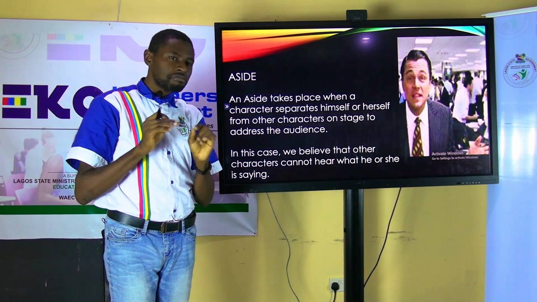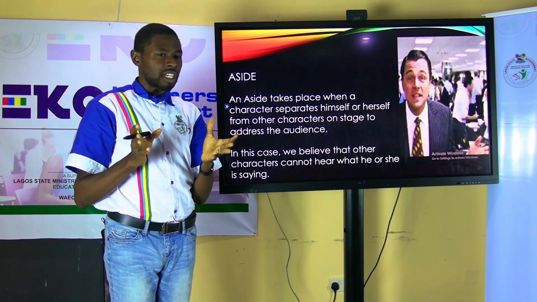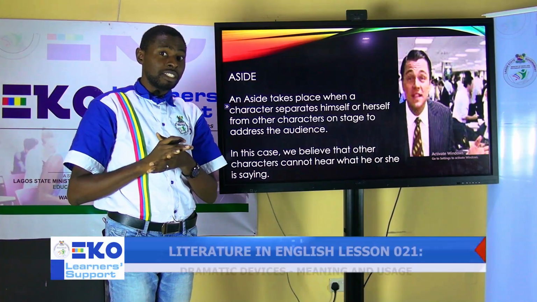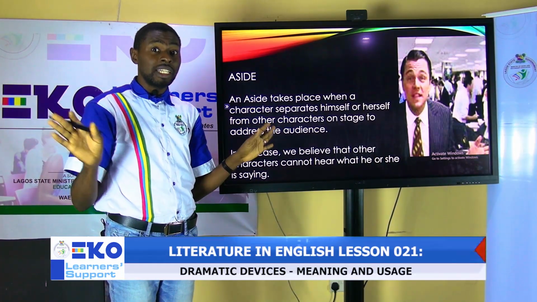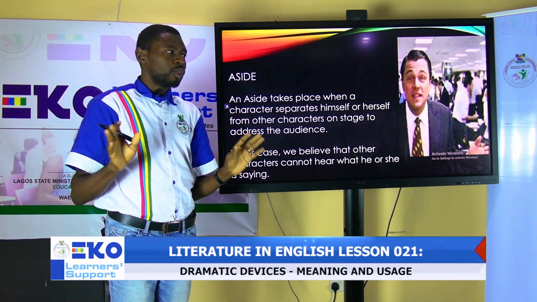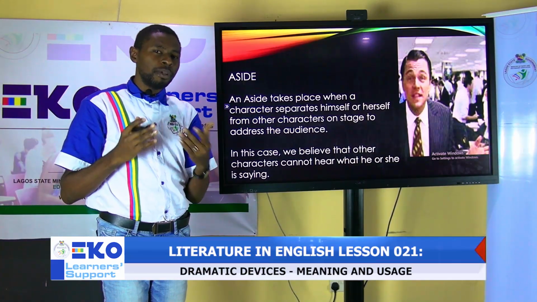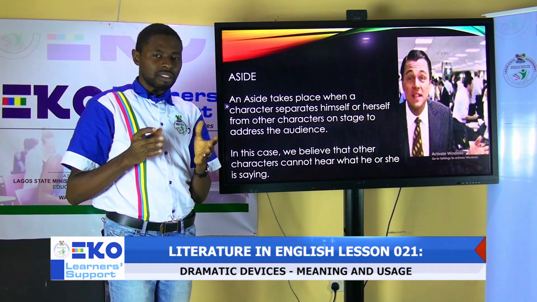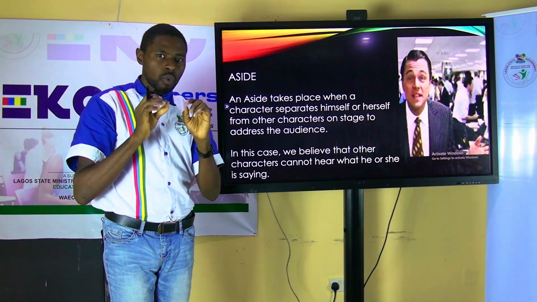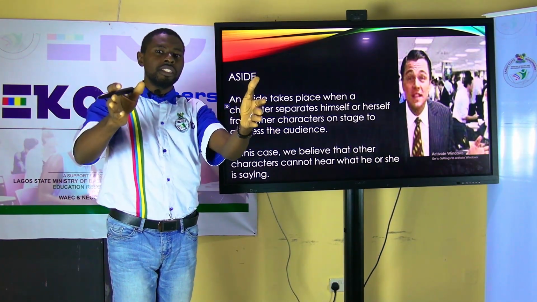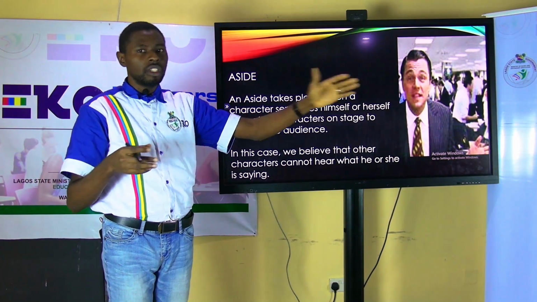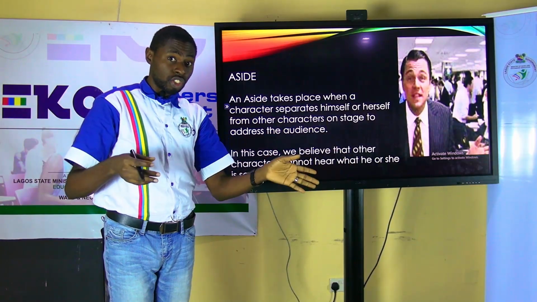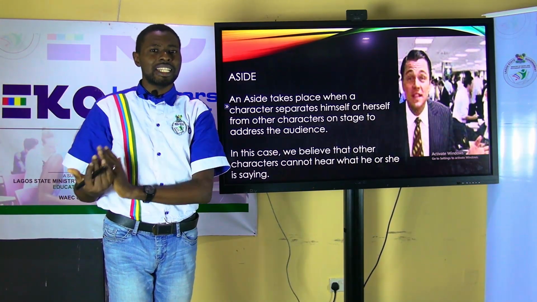So the belief here is that other characters behind him cannot hear what he is saying at all. So when a playwright creates a space such that one character talks directly to the audience without the knowledge of other characters on stage, we call that an aside.